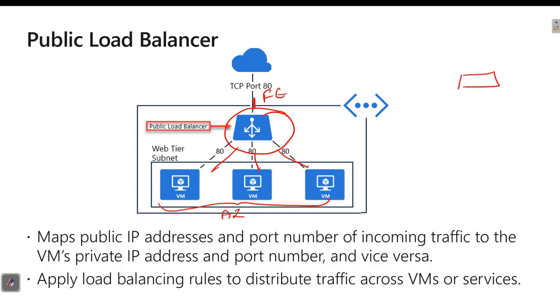For example, if this is my public load balancer, anything which is internet facing is my front end and I can have my pool of servers and this is called back end pools.